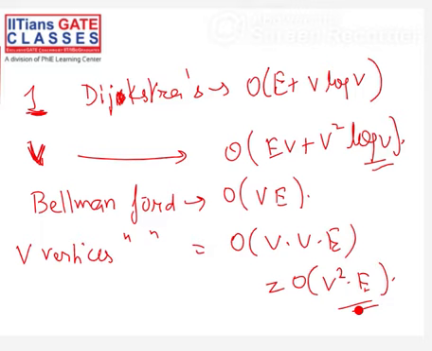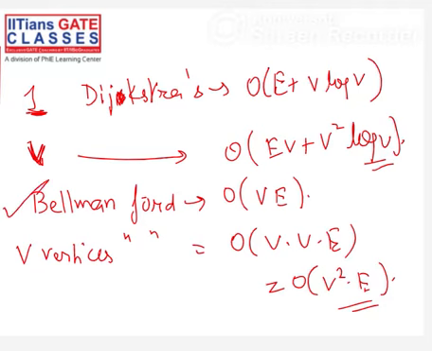Sanjeev, what is V cube? Time complexity for all pair shortest path, are you saying? Bellman-Ford algorithm on all pair shortest path or single source?